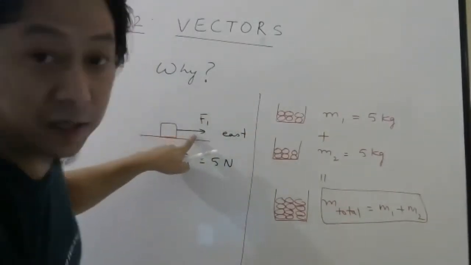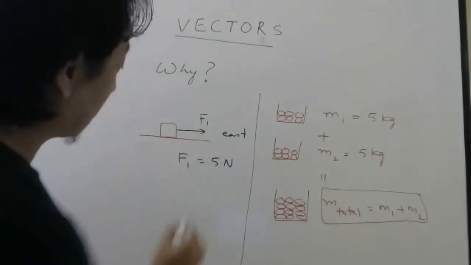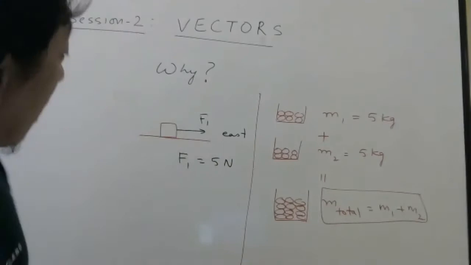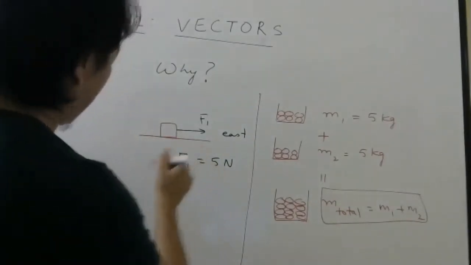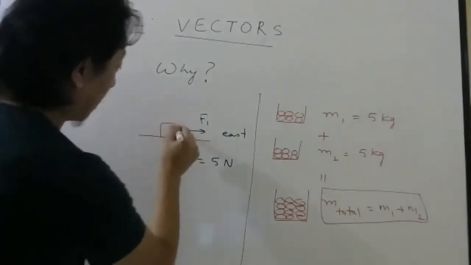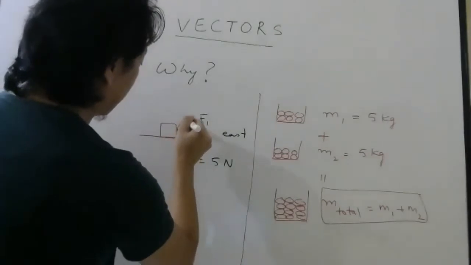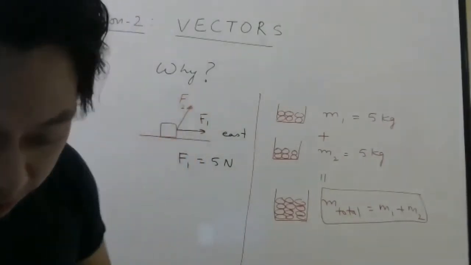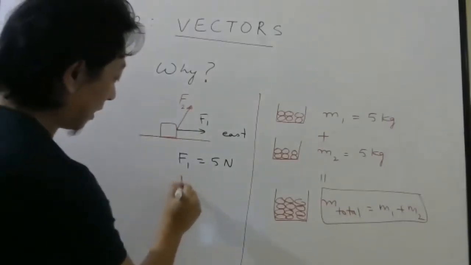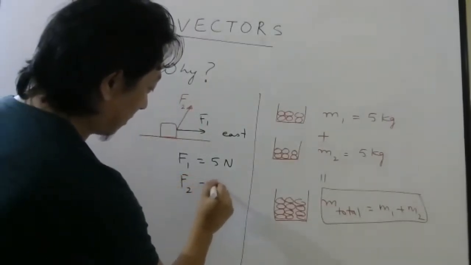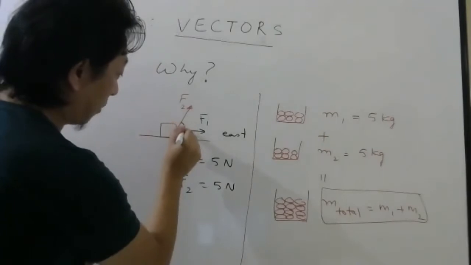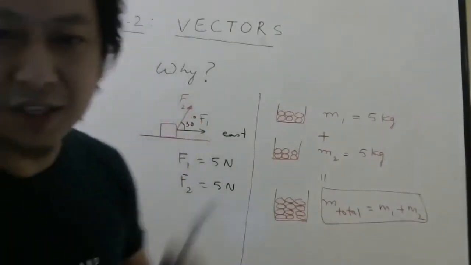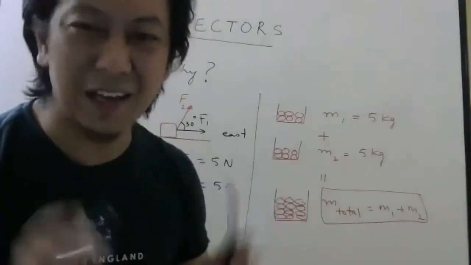This arrow is showing the direction, and this is the value of the force. And let us say one of you applies on the object another force in this direction. That is F2. You are also applying the same force, 5 Newton. But the angle at which you are applying is 30 degrees, let's say. 30 degrees, 60 degrees, 90 degrees, I don't care, any angle.